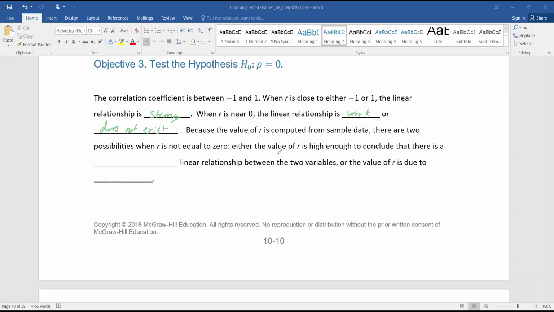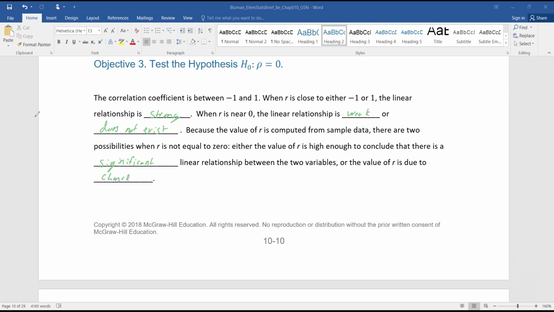Because the value of R is computed from the sample data, there are two possibilities when R is not equal to 0. Either the value of R is high enough to conclude that there is a significant linear relationship between the two variables, or the value of R is due to chance.